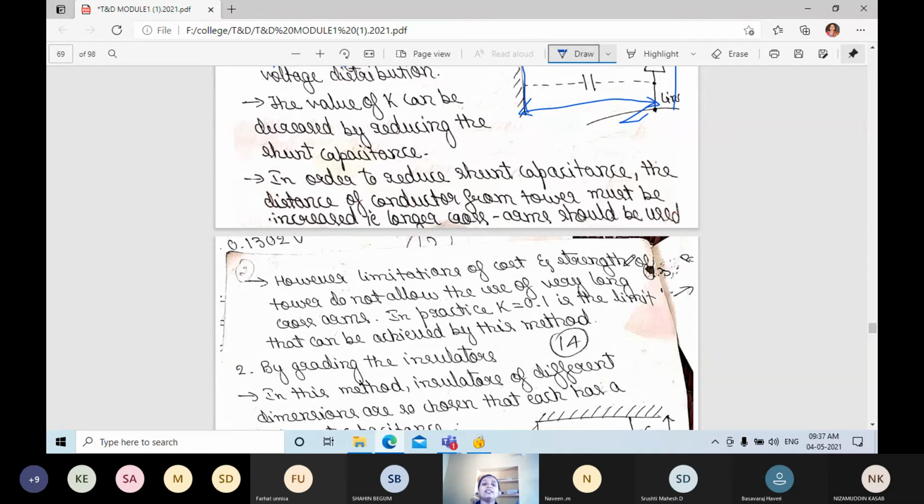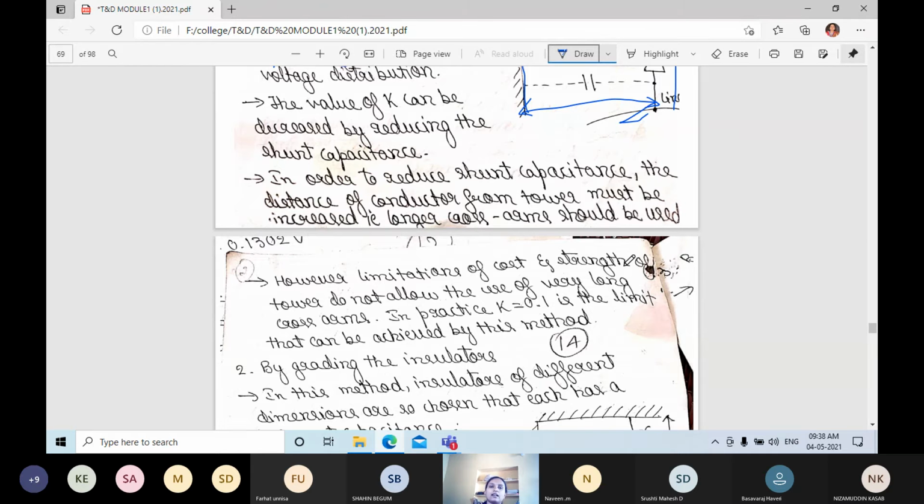In practice we cannot change the k value. K equal to 0.1 is the limit that can be achieved by this method. K equal to 0.1 is the limit for this, which can be achieved by using a long cross arm. Okay, this is what they are saying.